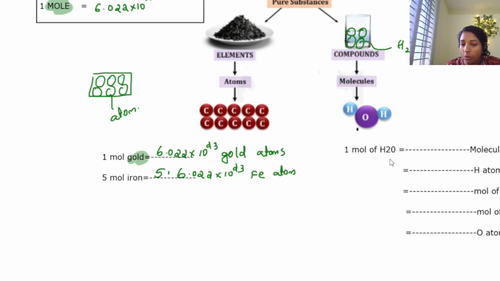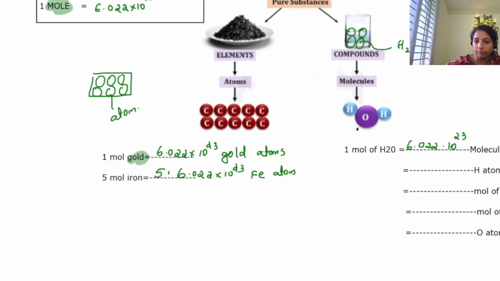So 1 mole of H2O means 6.022 times 10 to the power of 23 H2O units. As a whole, the H2O units are 6.022 times 10 to the power of 23. Very important, it's about units, the whole H2O unit.